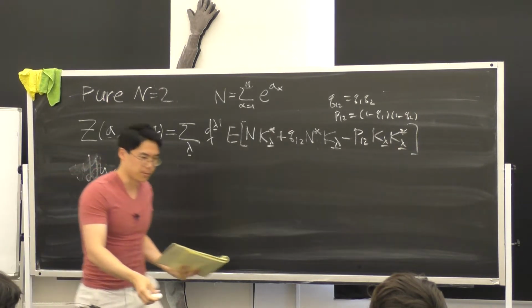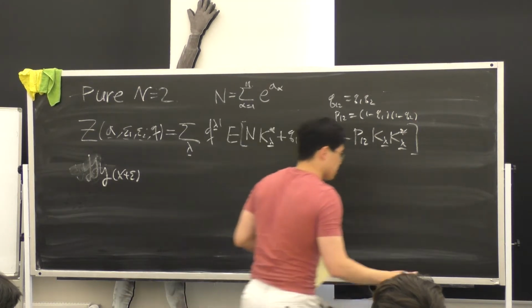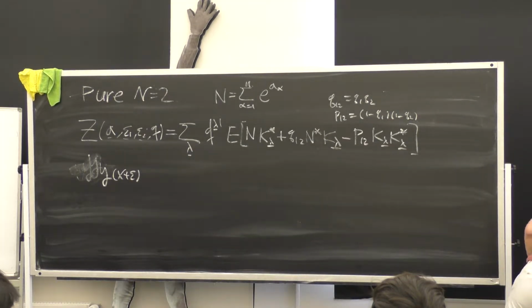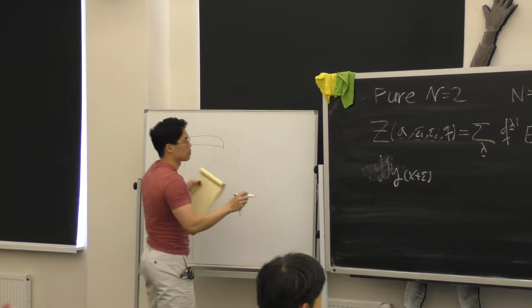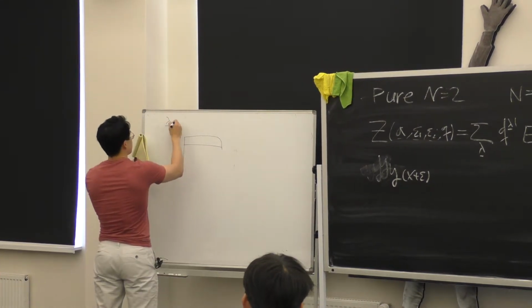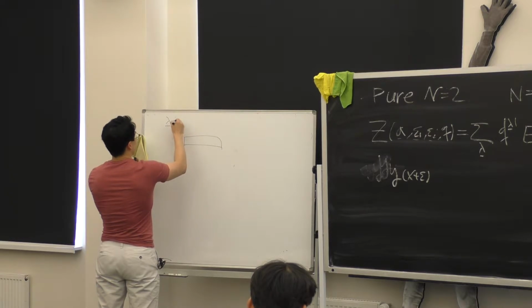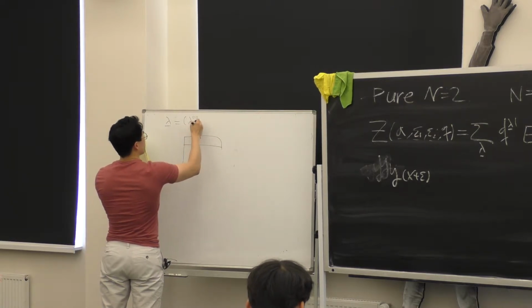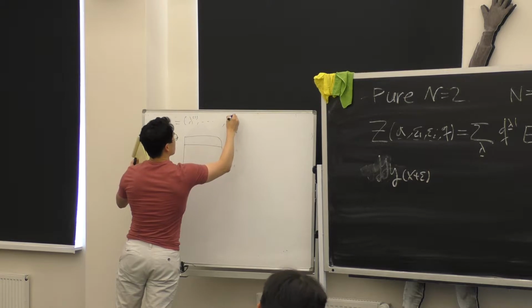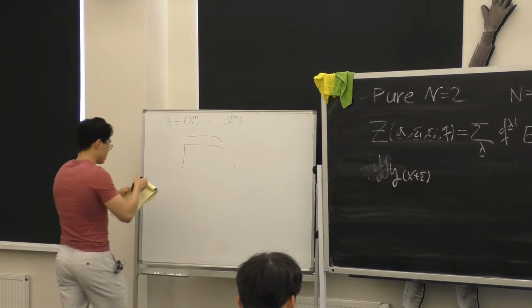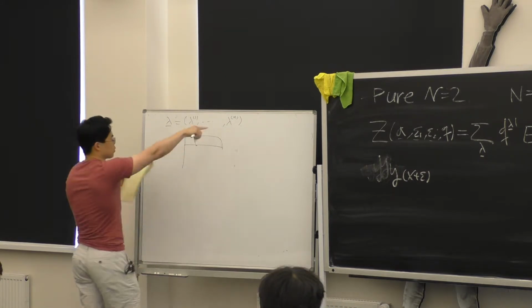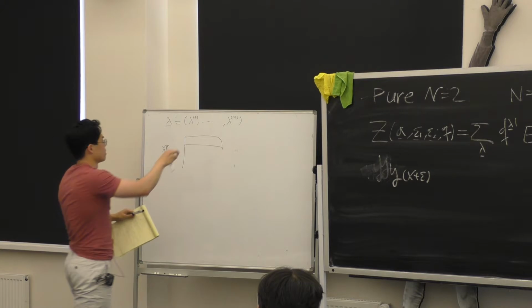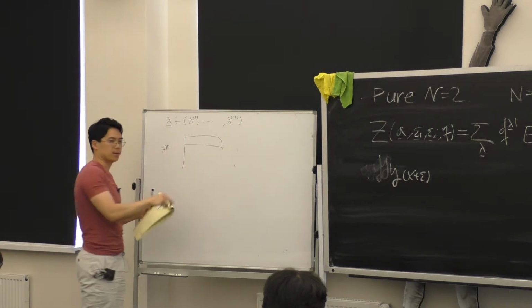First, let me fix the Young diagram that we are dealing with. So we have a Young diagram lambda, which is an n-tuple of Young diagrams. And among them, we are thinking of lambda beta. Choose one of the numbers from 1 to n, and I call it beta.